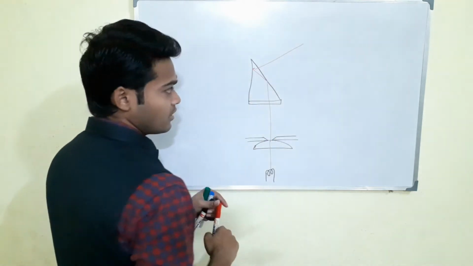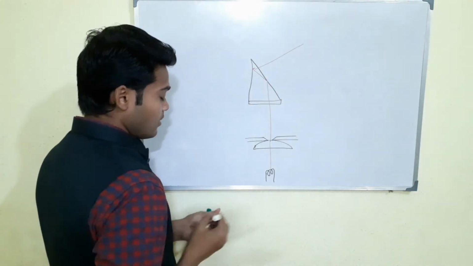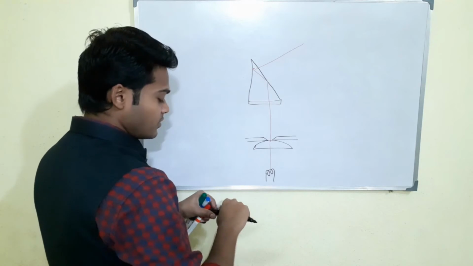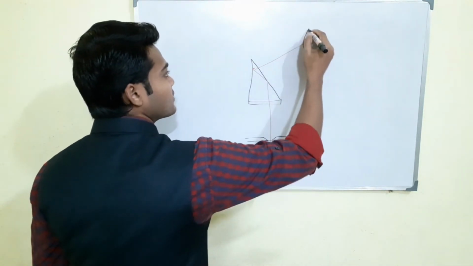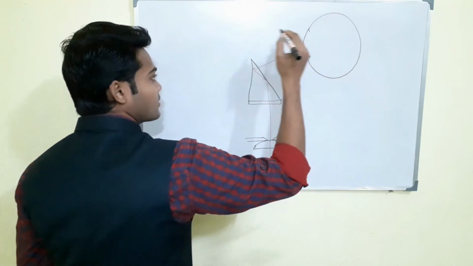the light is simply going here, into the observer eye. Here this is the observer eye, right?